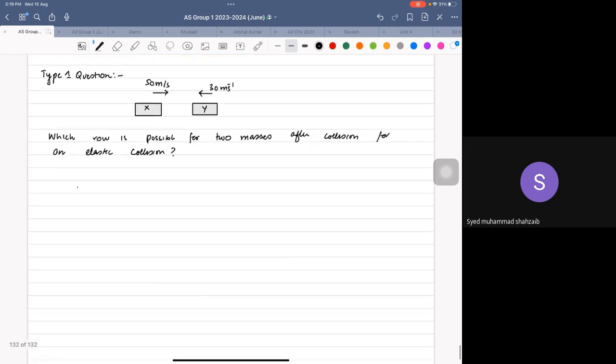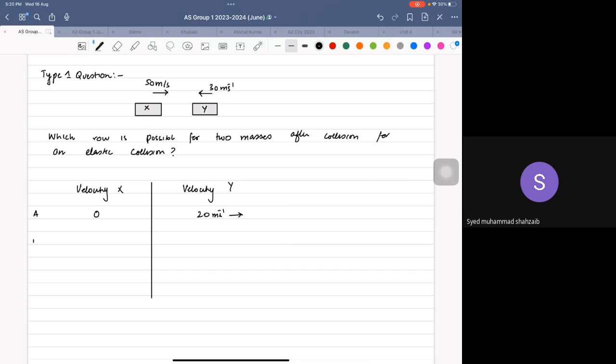They have given you a table of velocity of x and velocity of y, and then answers. A says velocity would be 0, and this will be 20 meters per second in this direction.